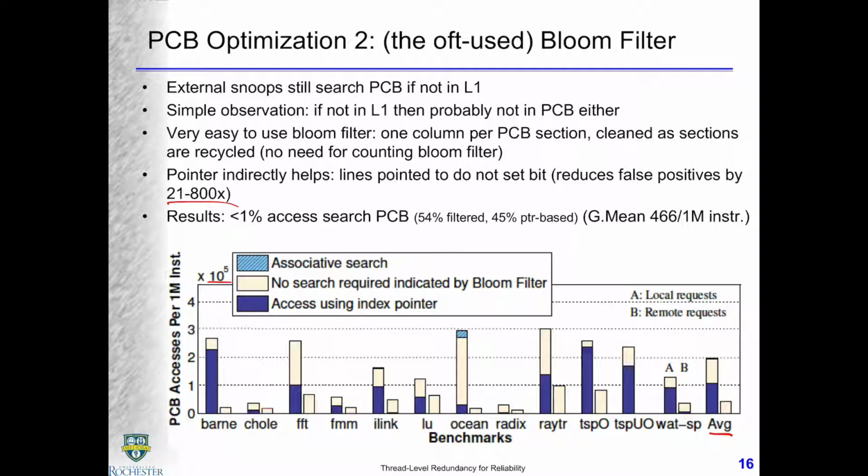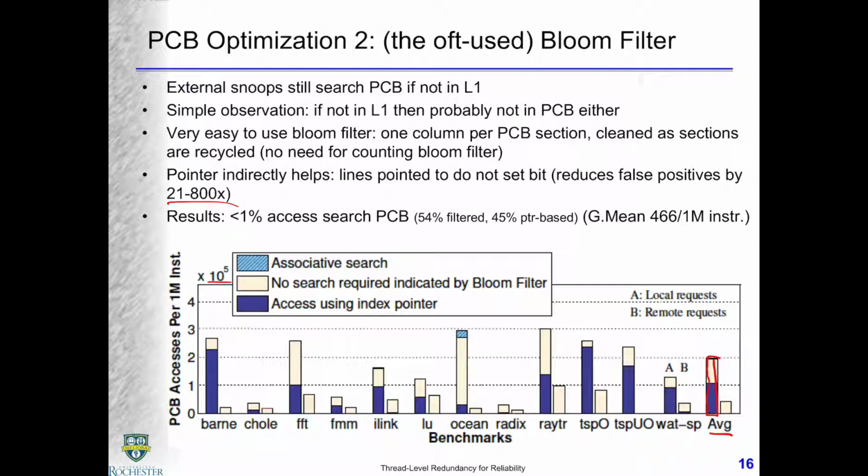On average, in a million instructions, I have about 200,000 checks because of local requests, because I'm doing a load, or a miss, or I'm writing. So out of a million, I'm doing that many PCB accesses.